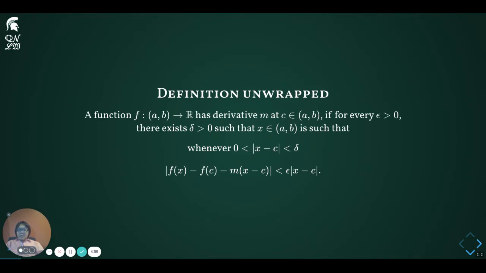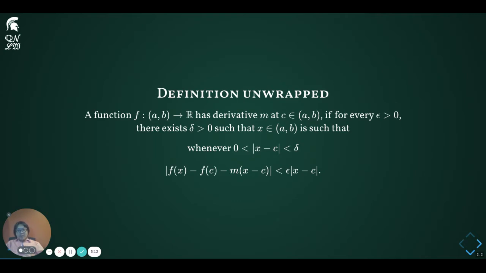Remembering that the statement that a limit converges uses the value of the limit as an ingredient, the statement here for the derivative also uses the value of the derivative as an ingredient.